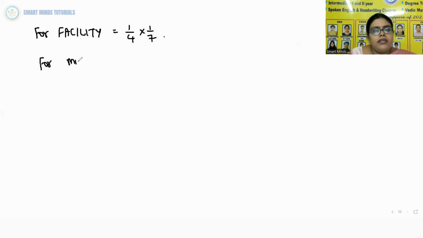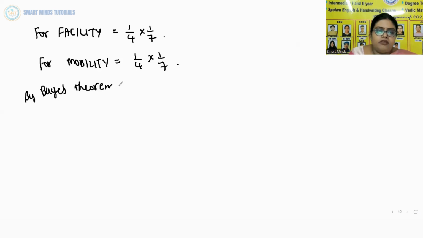And for mobility, it is 1 by 4 into 1 by 7. Now we are using Bayes' theorem here. So by Bayes' theorem, we need to check that it is taken from the word probability. The boy wrote the word probability.